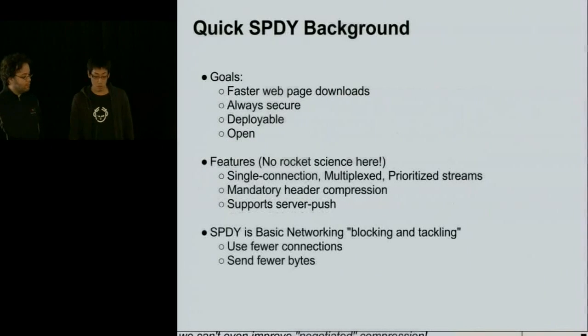So basically, Speedy is not really that complicated. We see problems like head-of-line blocking, concurrency issues with regards to only 6 or however many connections per host. So basically, we decided to deploy some basic features. Use a single connection, stop sharding across multiple host names in order to get more parallelism.